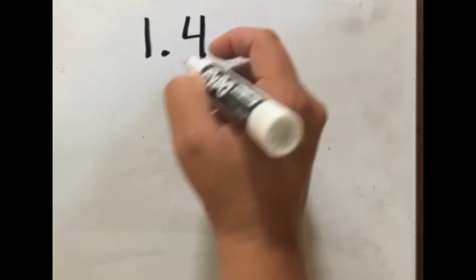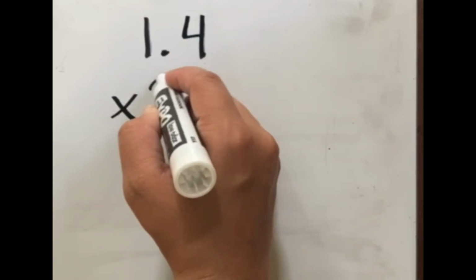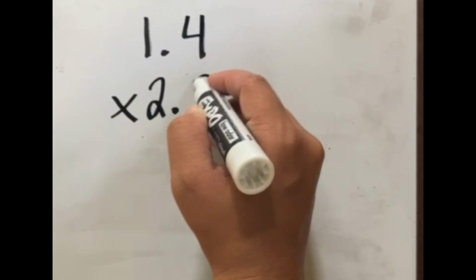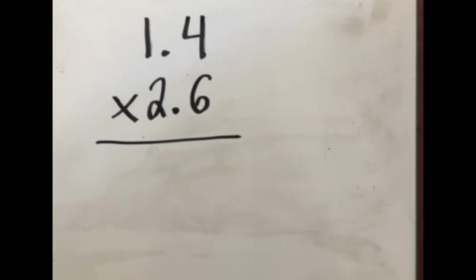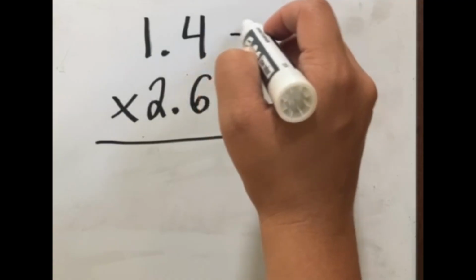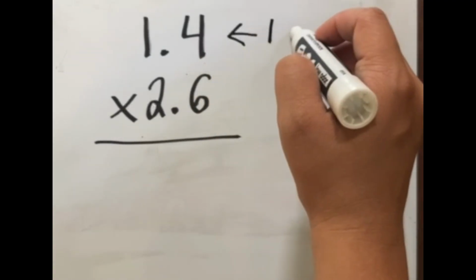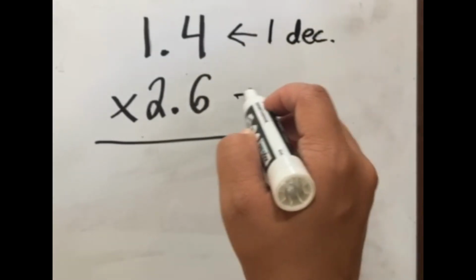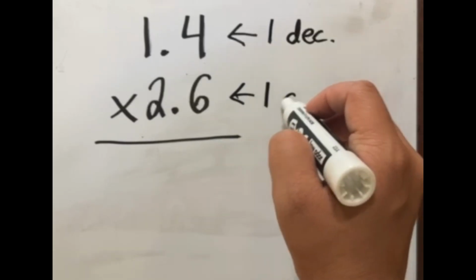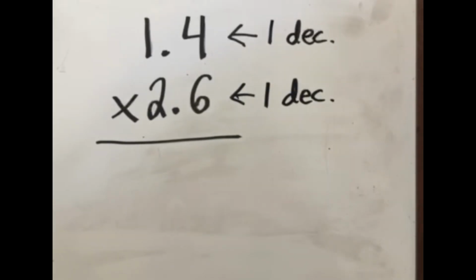Here's our second problem. What if we had 1.4 times 2.6? So we're going to treat this just like we would a multiplication problem. And first we're just going to put how many decimal places we have. We have 1 decimal place in each.